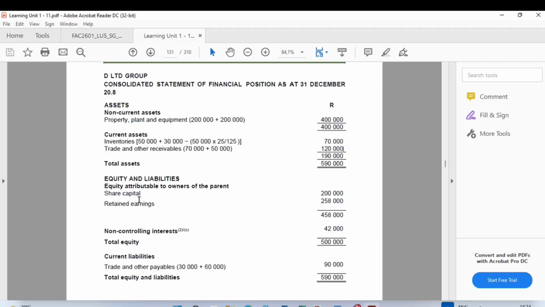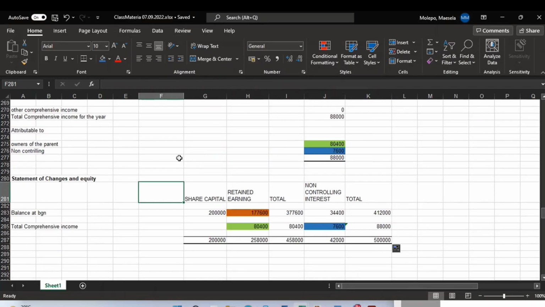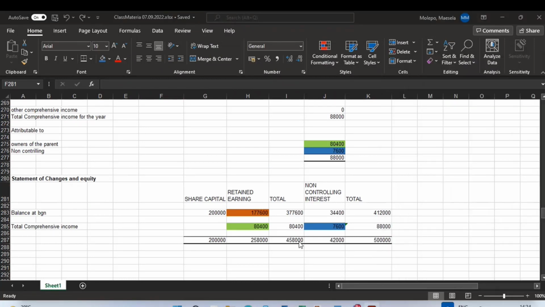So the share capital of 200,000 is now coming from our changes in equity. Remember when we did our changes in equity, we had 200,000, and then the 258 of retained earnings is this one, you see, and then there's nothing else major.